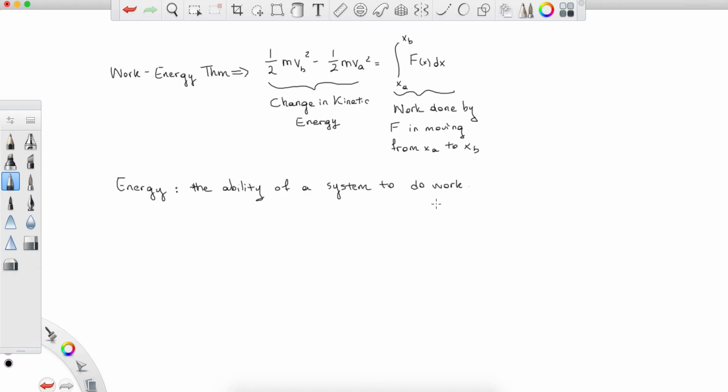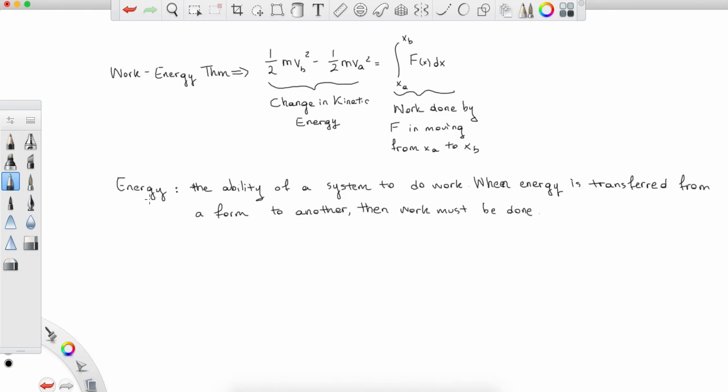So when energy is transferred from one form to another, then work must be done. This is one of the fundamental principles and concepts in energetics.